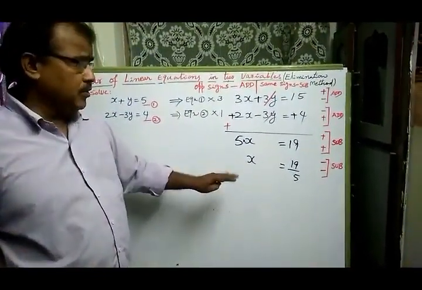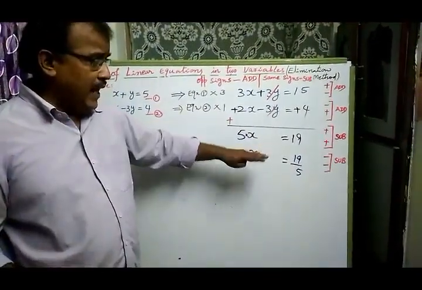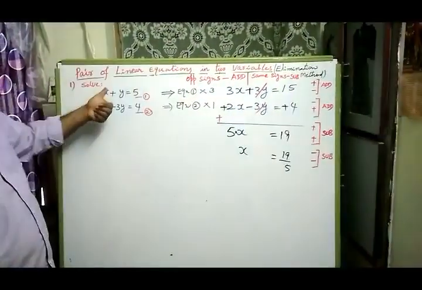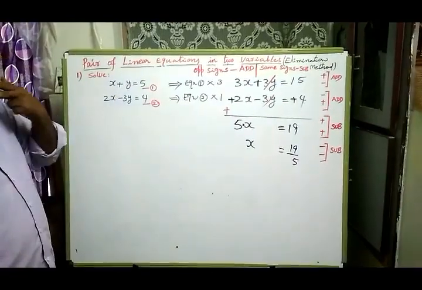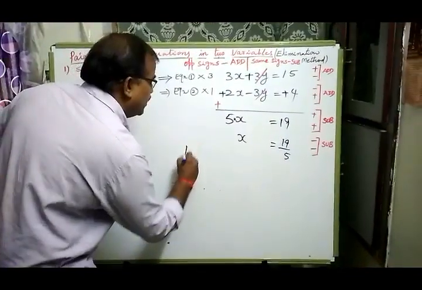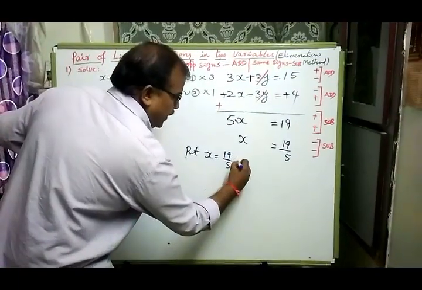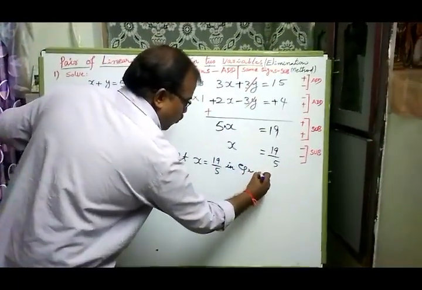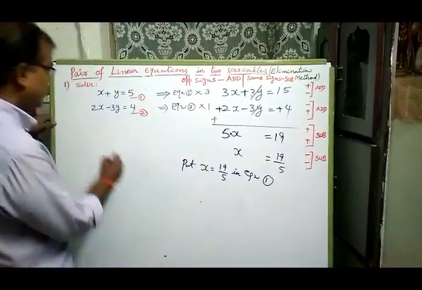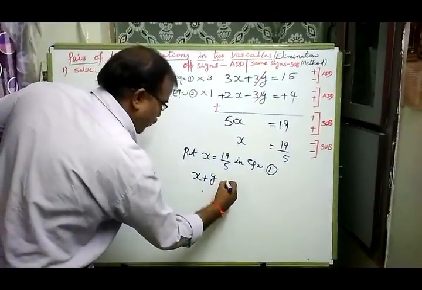Now substitute, like before, the substitution method. Substitute x is equal to 19 by 5 in either equation 1 or 2. Whichever is compatible is better. The first one is compatible. That's why put x is equal to 19 by 5 in equation 1. What is equation 1? x plus y is equal to 5.